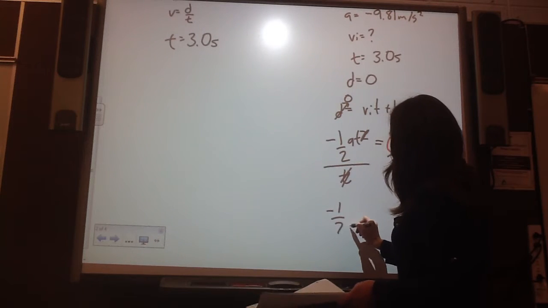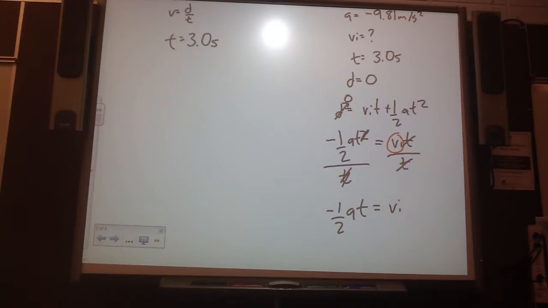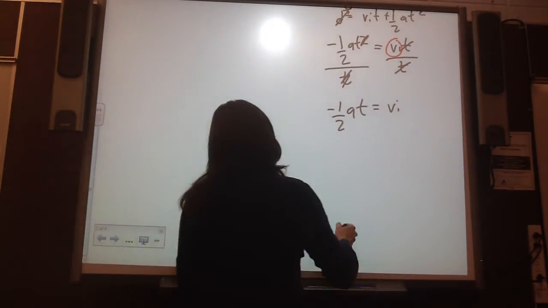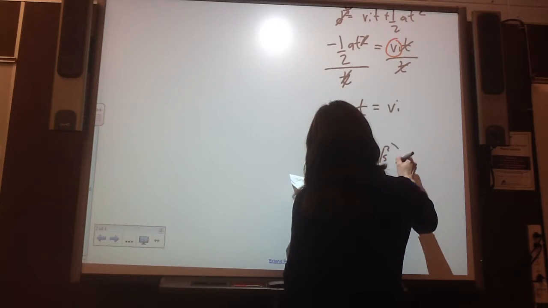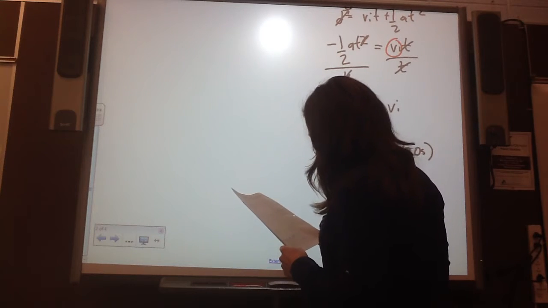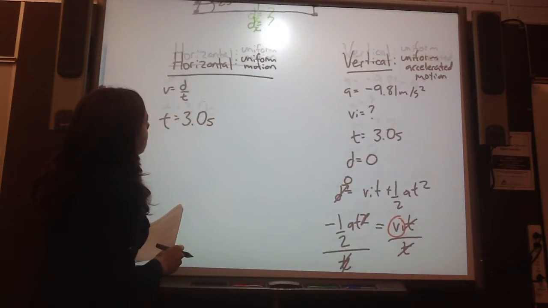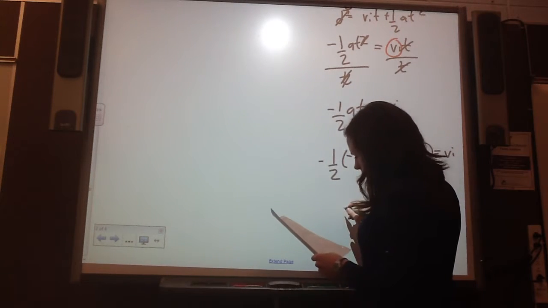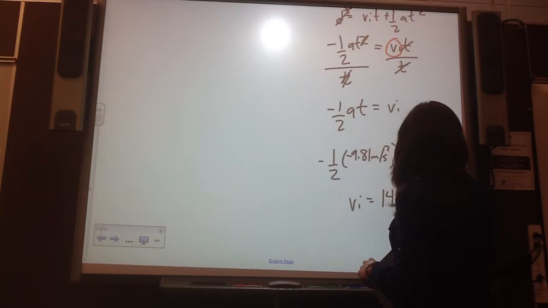So now I have negative half a t is equal to Vi. So negative half times negative 9.81 meters per second squared times 3 seconds. So Vi is 14.7 meters per second.